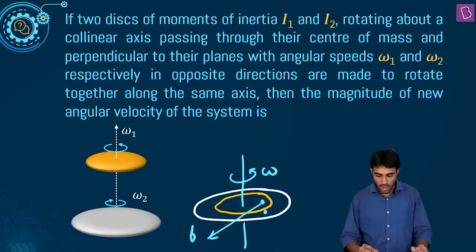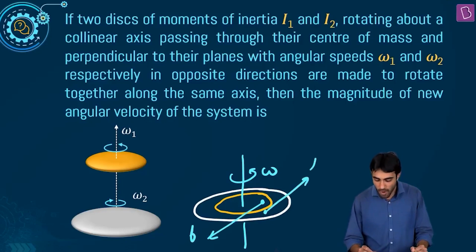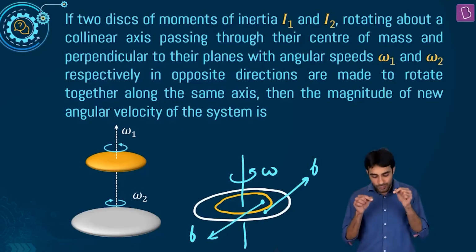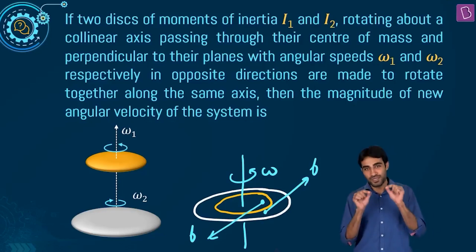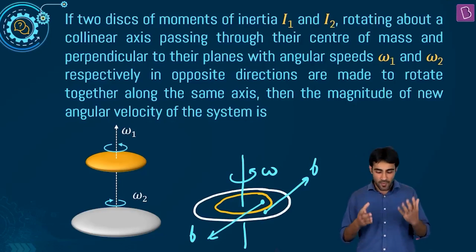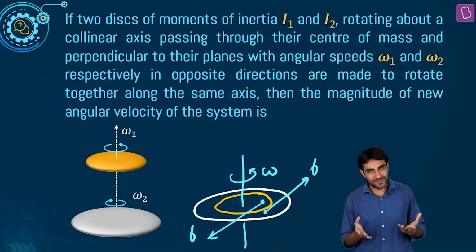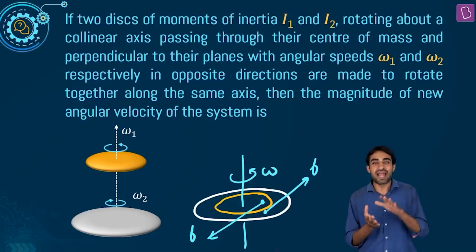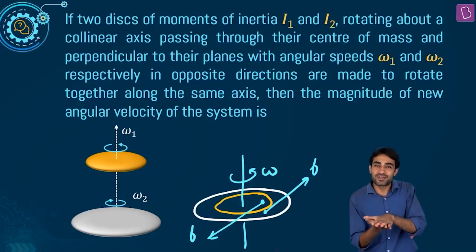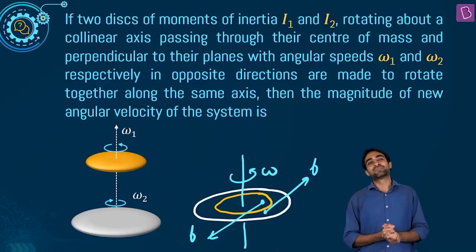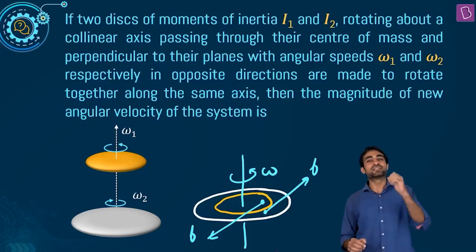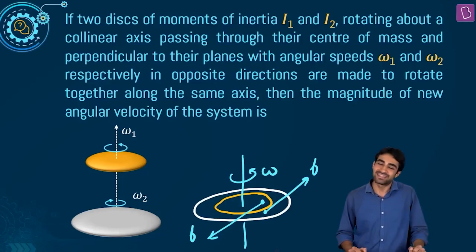And the friction force on the element on the white disk will act in the opposite direction. So if we consider the torque due to these two friction forces particularly, the torques will cancel out. And this will happen for all the other elements also. So if we look at the entire system of these two disks, there is no net torque due to frictional forces. So we can conserve the angular momentum of the system about this axis of rotation, right?